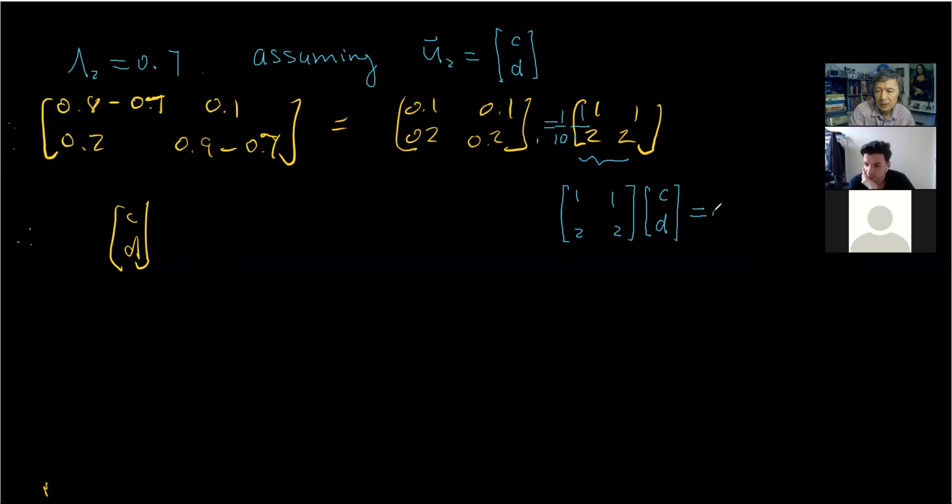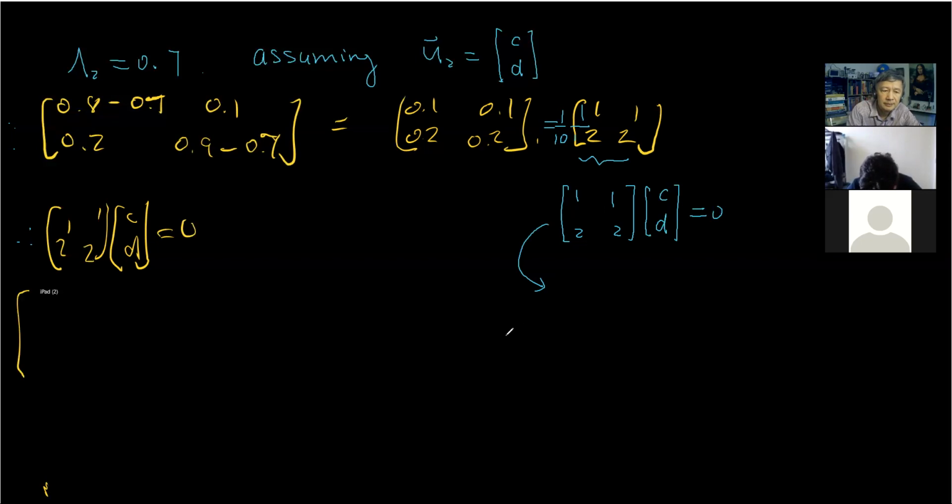Once we got this coefficient matrix, we can rewrite this matrix form into a pair of simultaneous linear equations. So that's 1, 2, 1, 2, times C and D equals 0.